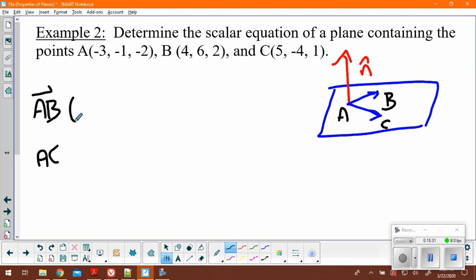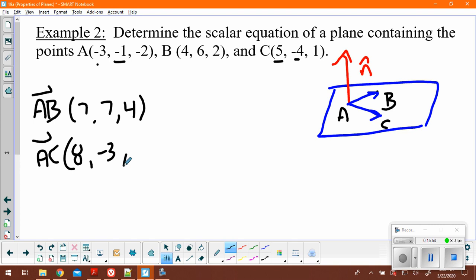First for A to B, I have to subtract the coordinates. So I'm going to have 7, 6 take away -1 is 7, and 2 take away -2 is 4. And for A to C, I've got 5 take away -3, that's 8, -4 take away -1 is -3, and 1 take away -2 is 3.